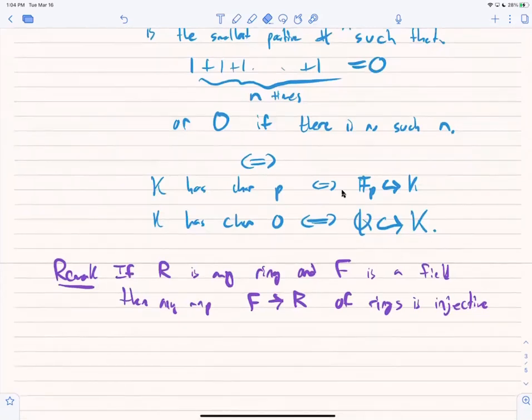So any map from a field is injective. Here I could have just said F_P maps to K, or the rational numbers map to K, and it would have automatically been injective. The reason is that the kernel is an ideal, and not equal to everything, because a map of rings has to send 1 to 1.